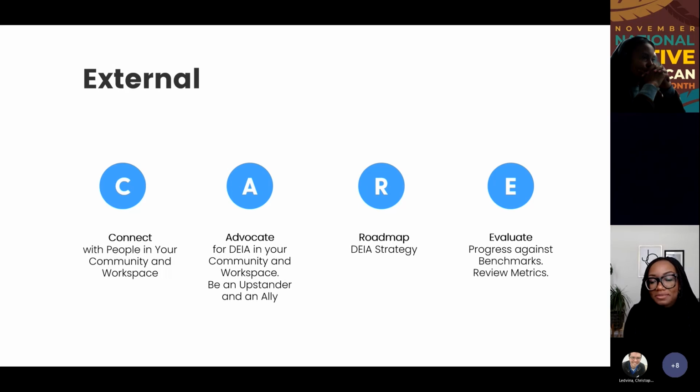R, roadmap. Roadmap your DEIA strategy. And so this means take a strategic approach to diversity, equity, and inclusion work. I know that it can be a pretty heavy load. This is not an easy feat, right? We're looking to change the work lives of people. But again, approach it as safety, approach it as any other business imperative, and create a plan of action for yourself.